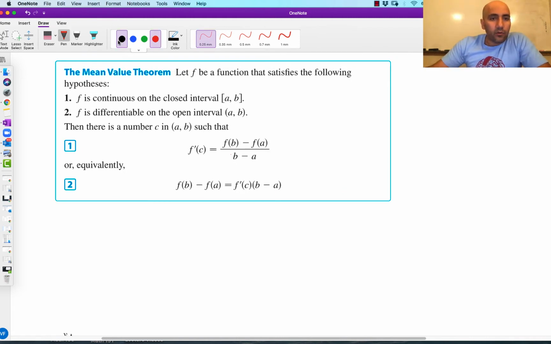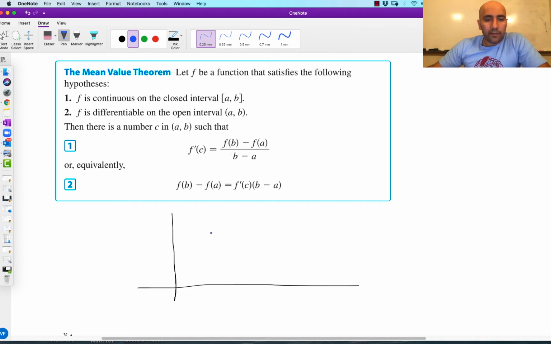So for example, just one little example. Let's say that we have a function that's doing this. It goes up and down and up like that. Let's say it does this. So this function is continuous on a closed interval from a to b.